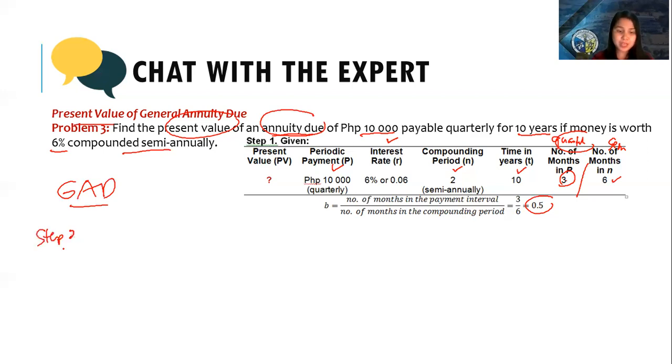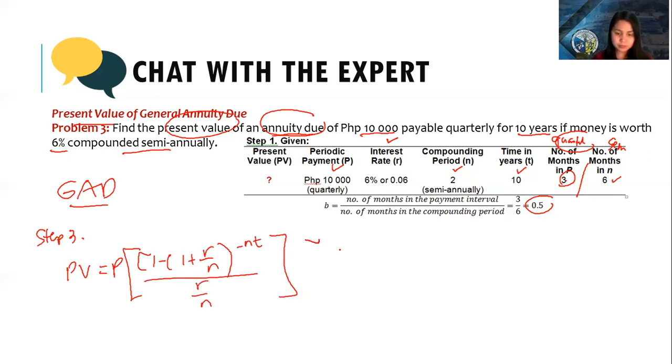So in step 3, we write the formula for the present value for the general annuity due. Over R over N. We substitute the given details.